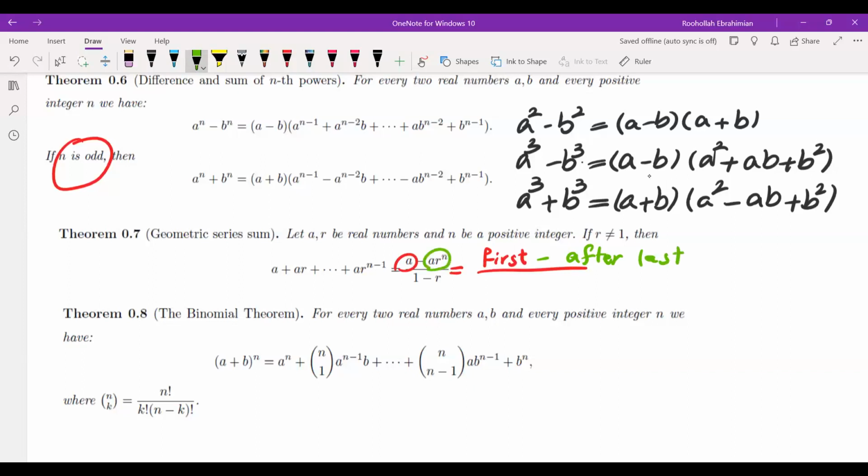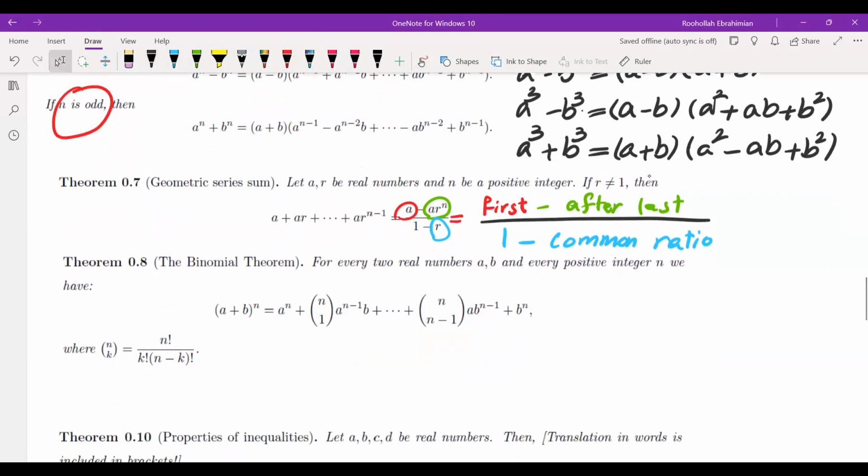The last term is a r to the power of n minus 1. So this one is after last, divided by 1 minus common ratio. And of course, r is the common ratio here. So that's the way I remember this formula: first term minus after last term, divided by 1 minus common ratio.